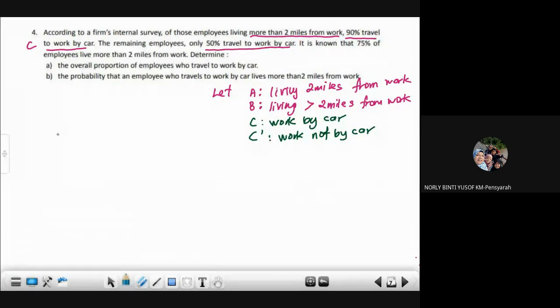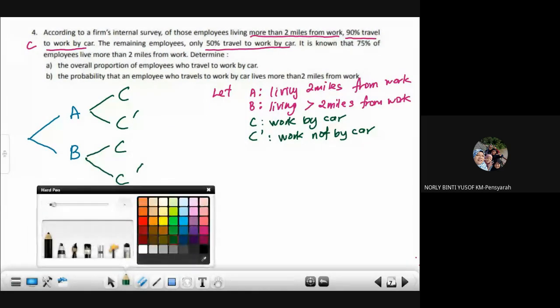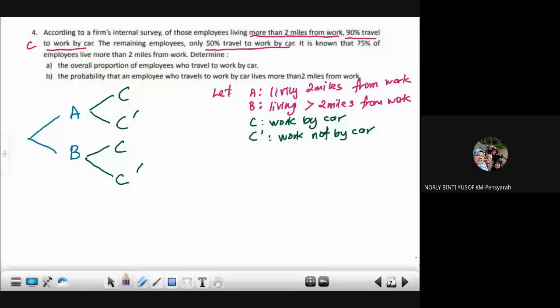Okay, so kita ada dua. Kita bagi employees living more than 2 miles from work dengan yang lebih daripada 2 miles. So, kita ada A, kita ada B. Lepas tu yang pakai living 2 miles tu dipakai car ataupun tidak. So C complement. C complement. Okay.